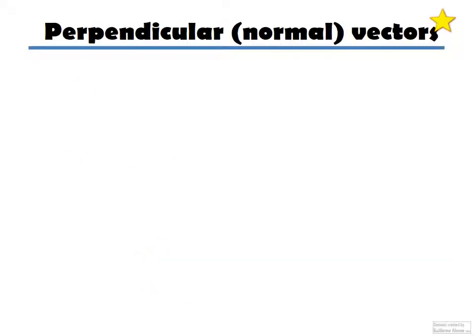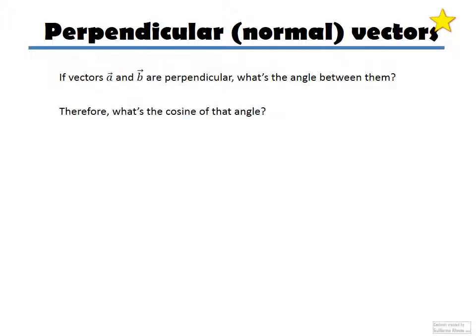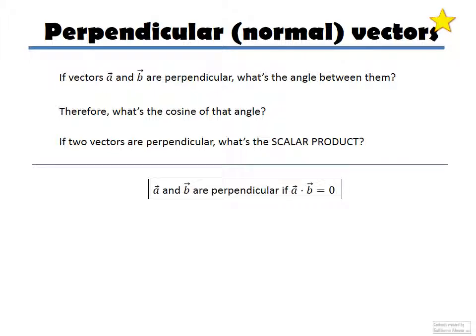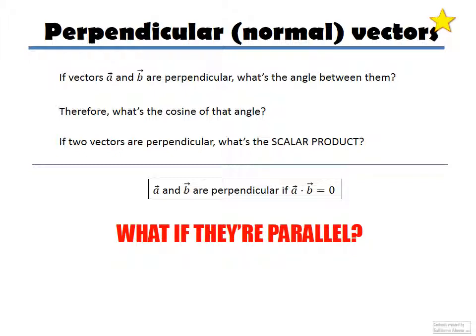This is going to be useful because if two vectors are perpendicular, then the cosine of the angle they form is the cosine of 90, and that's going to be 0. So the scalar product has to give me 0. So at any point, if I have two vectors, all I have to do to figure out whether they're perpendicular or not is to do the scalar product.